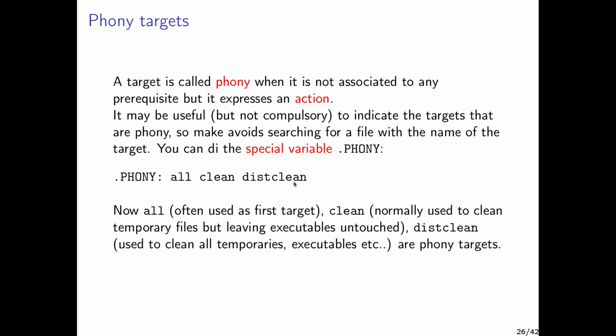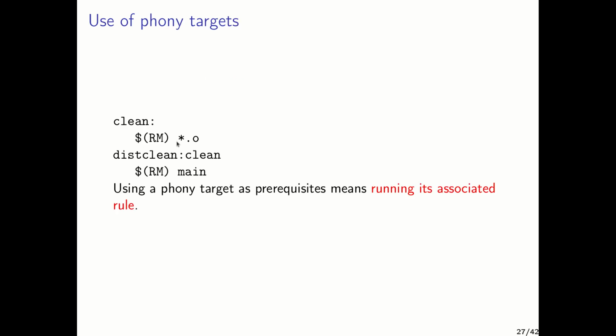While here you're saying that clean is not meant to be the name of a file, it is a phony target. So this is a phony target, clean, remove. And distclean calls clean, you see, distclean has as a prerequisite clean. So a prerequisite can also be a phony target. That is, when you launch make distclean, it will launch clean that removes all the object files, and then it will remove also main.